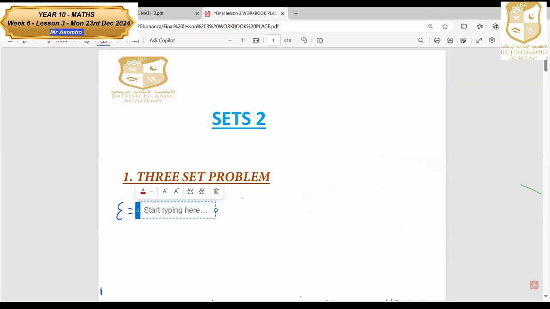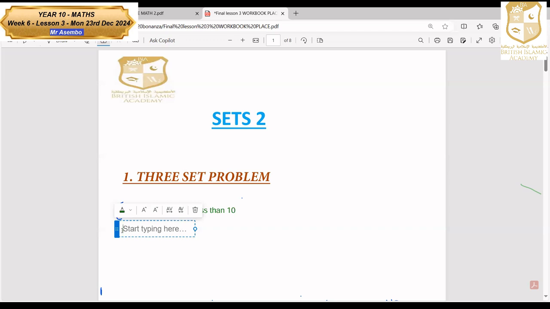Write it very fast, I'll move very fast here a little bit. Universal set means the set under discussion.